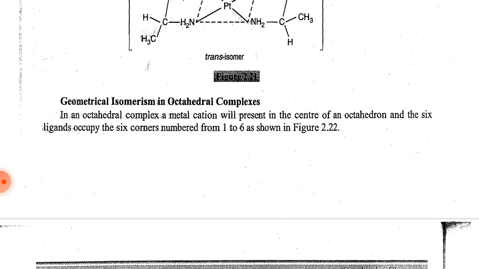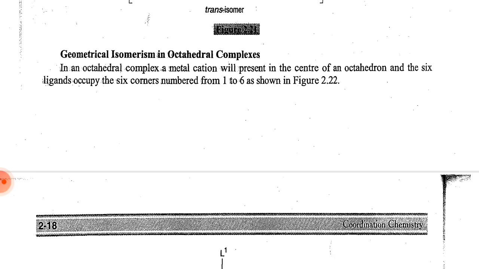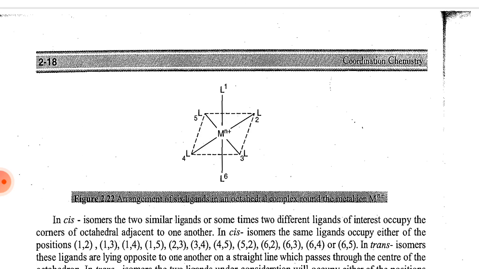Geometrical isomerism in octahedral complexes. In an octahedral complex, a metal cation will be present in the center of the octahedron, and the 6 ligands occupy the 6 corners numbered from 1 to 6. So this is an octahedral complex, okay, where all the 6 ligands will occupy the positions at the corners when bonded with the metal.